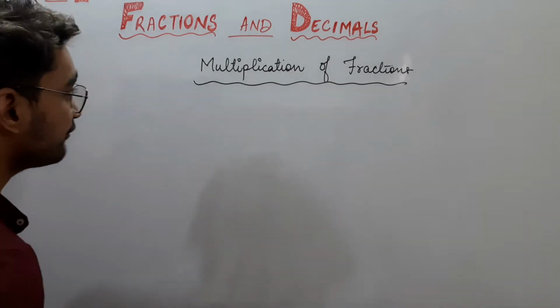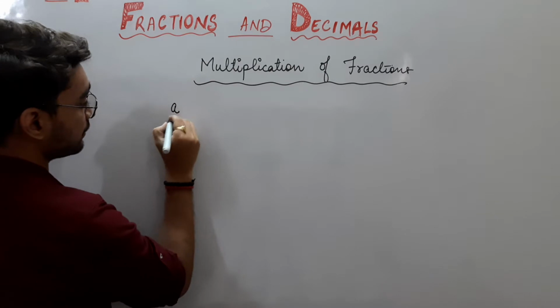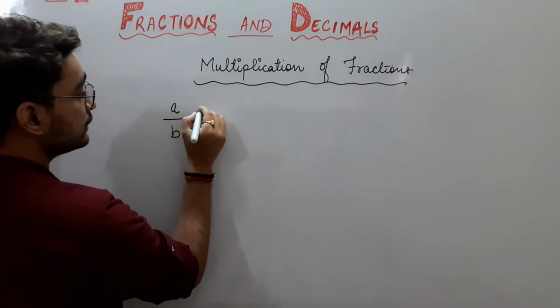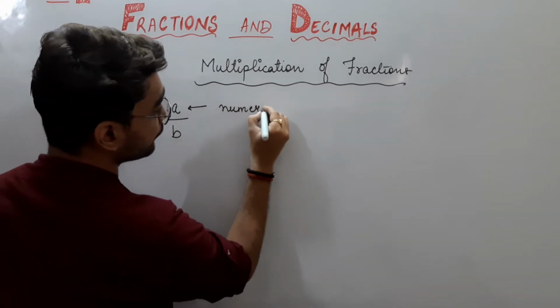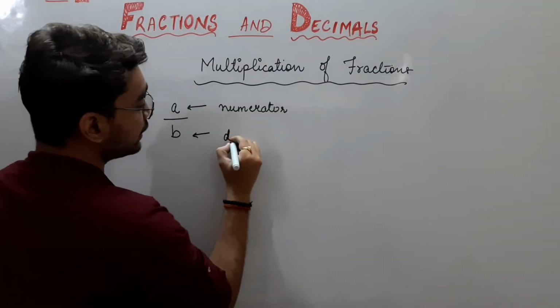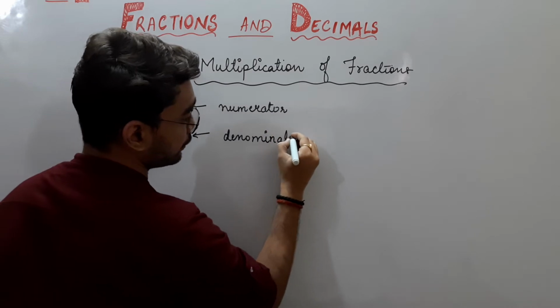So, for example, if I'm saying I have a fraction that is a by b, we all know that in this a will be called the numerator and this b will be called the denominator, right?